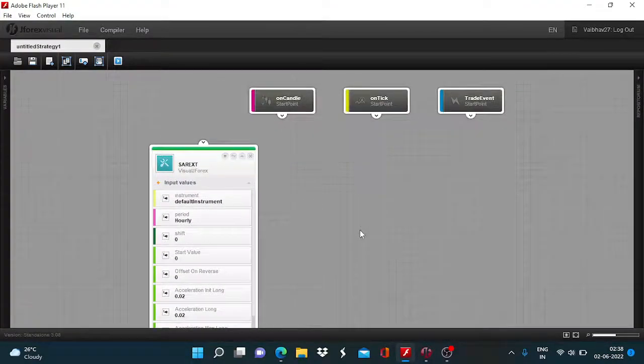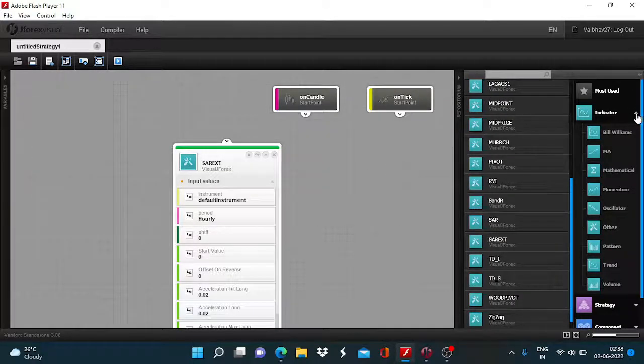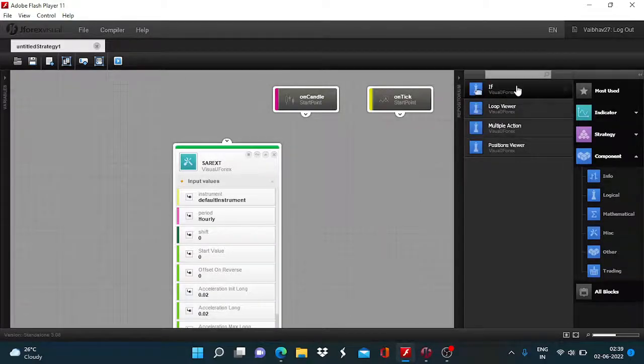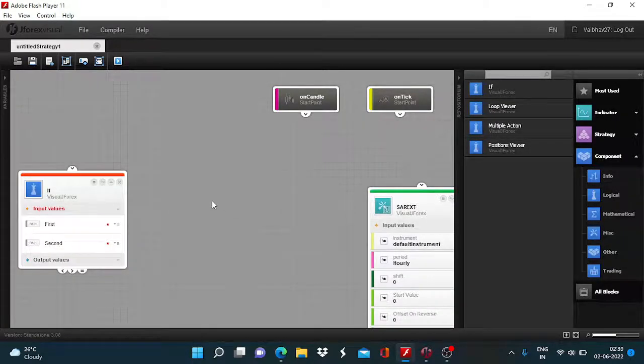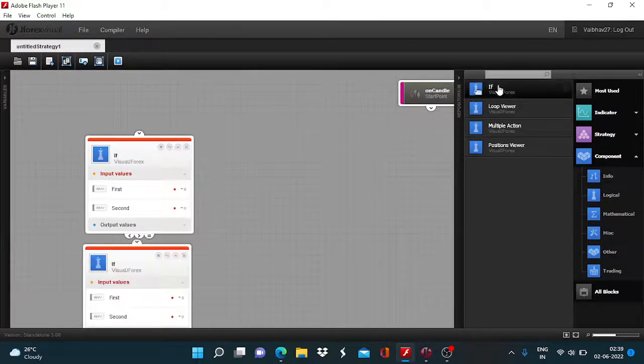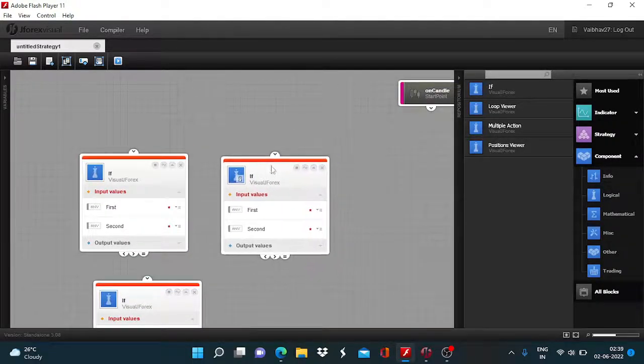So first thing first, we have to get the instrument subscription done, and for that I'm going to need logical components here.